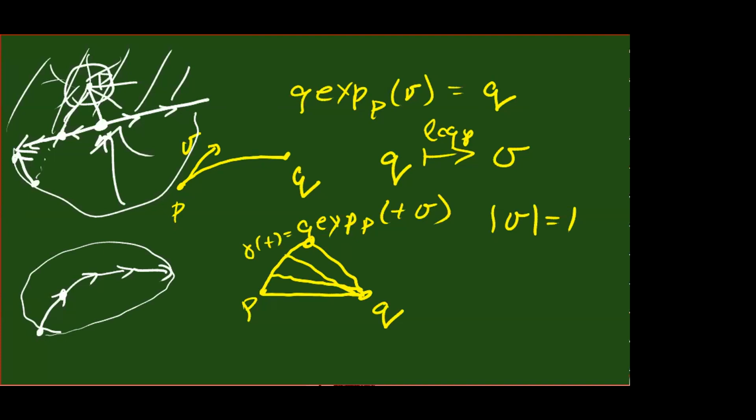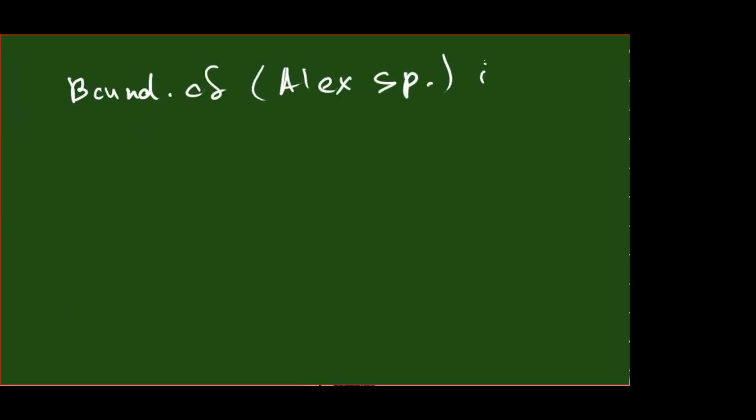If not, let me quickly say one thing. There is an old question in Alexandrov geometry: is the boundary of an Alexandrov space an Alexandrov space? That means that the boundary with the induced intrinsic metric of an Alexandrov space is an Alexandrov space with the same curvature bound.